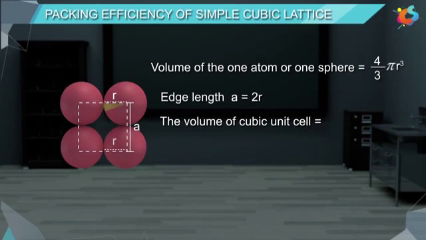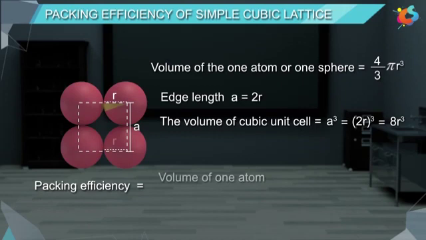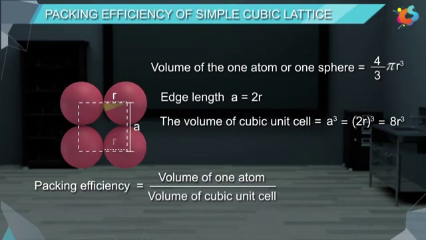The volume of the cubic unit cell is equal to a cube, which is equal to 2r whole cube, which is equal to 8r cube. Percentage of the space occupied by spheres, or packing efficiency, is equal to volume of one atom divided by volume of cubic unit cell into 100%.